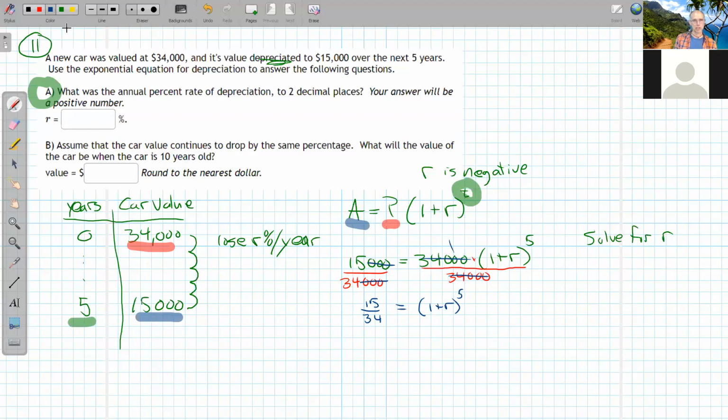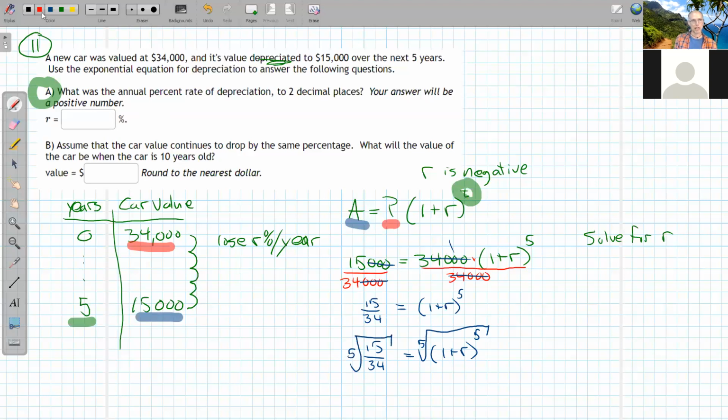So I'm just going to write this in a new line. 15 over 34. Just going to recopy it first and then apply the root. Often I do this in the same step, but to get rid of a 5th power, I use a 5th root. So I have to do that on both sides.